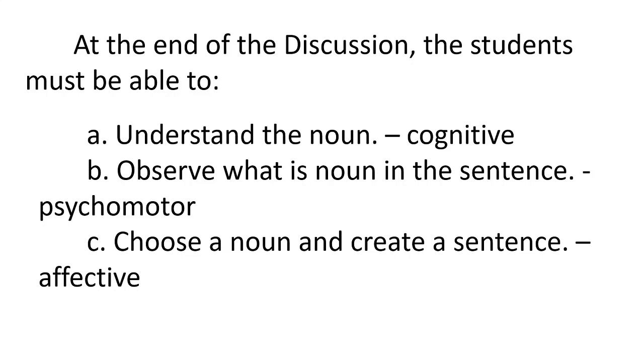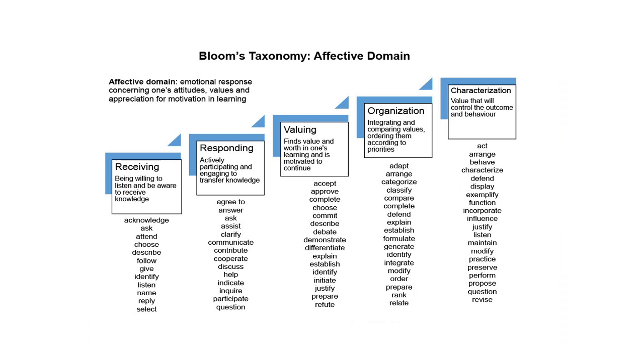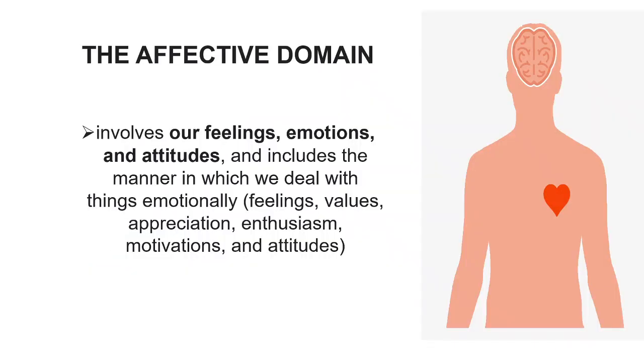Now, ma'am, si psychomotor ma'am, pwede man din dito sa choose a noun and create. Pwede din po siya, pero inano ko siya as affective. So, magkaibang verb ang dalawa. Okay? As you can see on the screen, hanapin natin si choose sa affective domain. Receiving po siya. Okay? Choose sa receiving. How about, ma'am, sa pangalawa, create a sentence.